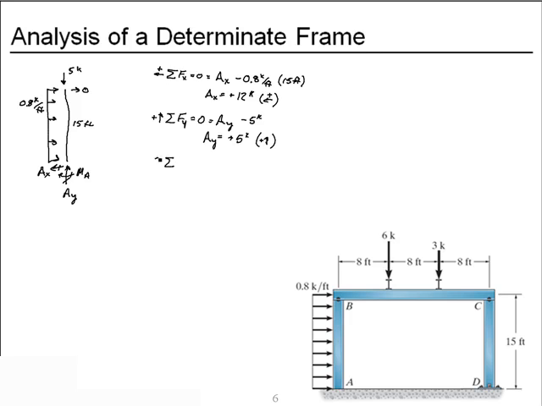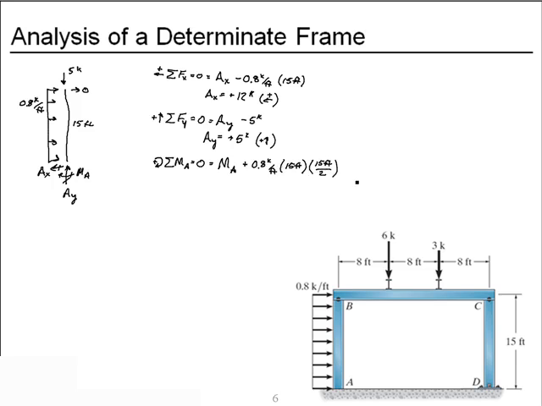This time I want to go clockwise as positive. Again, it's my choice, and I think this will make it a little easier. So I have the moment reaction at A plus the 0.8 kips per foot times the 15 feet times the distance through which it acts, which is halfway up, 15 over 2 feet.